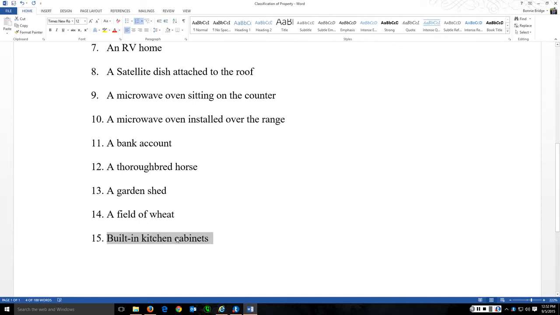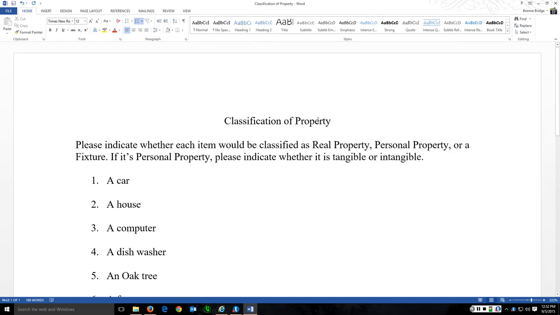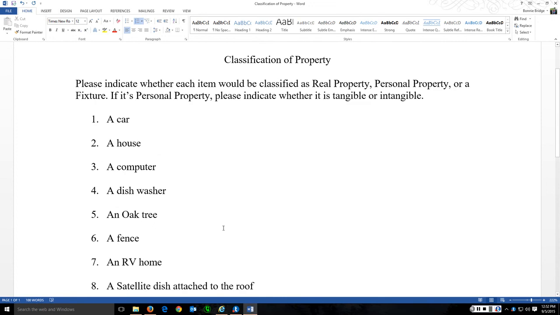They're built into the structure, so even though they're not growing on the land or attached to the land, they're attached to the house. So that makes them fixtures. And you remember, fixtures are treated like real property. That's what makes them not personal property. So anyway, I hope that helped straighten out some of it, and hope you found it more clear now than before.